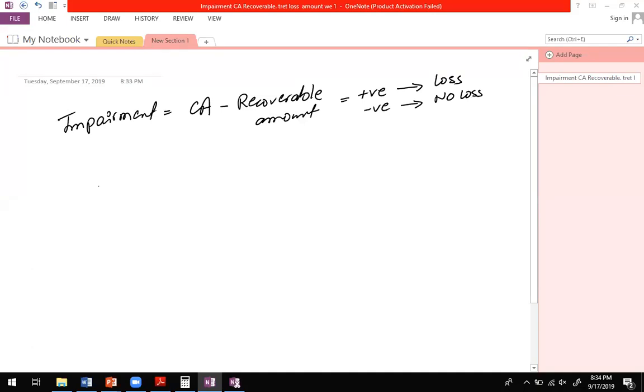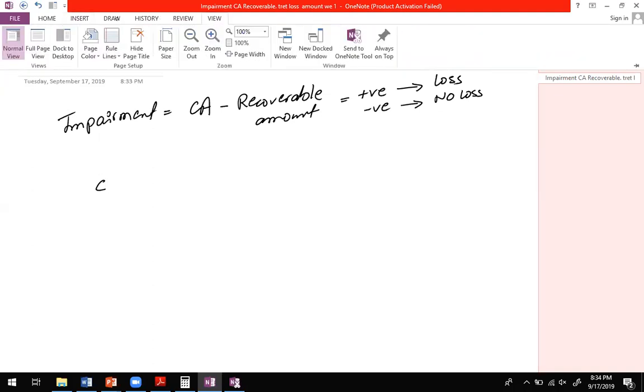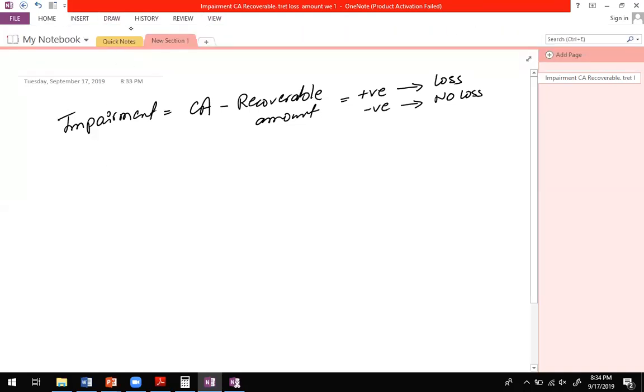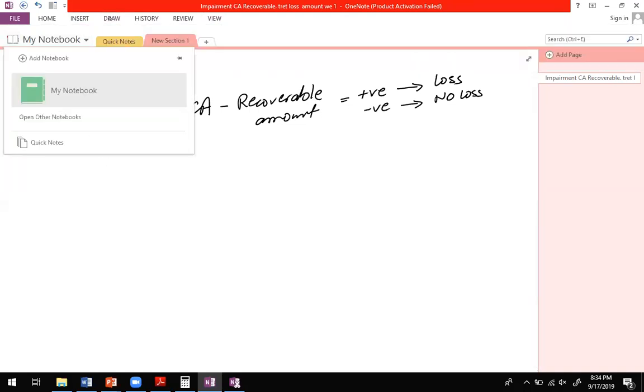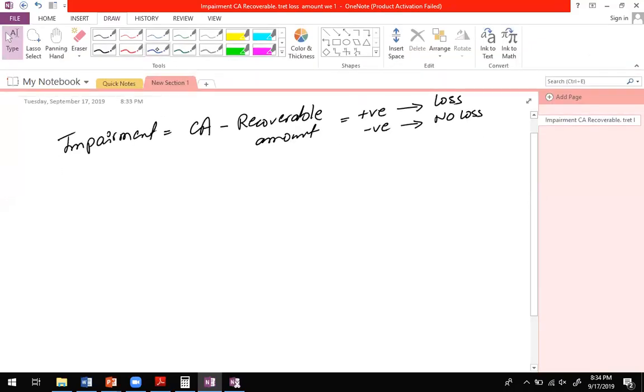But when we talk about impairment of a subsidiary, how are we going to calculate the impairment loss? The method for that is that we are going to calculate the net assets, whatever the net assets are, and we are going to add the value of goodwill to get the carrying amount.